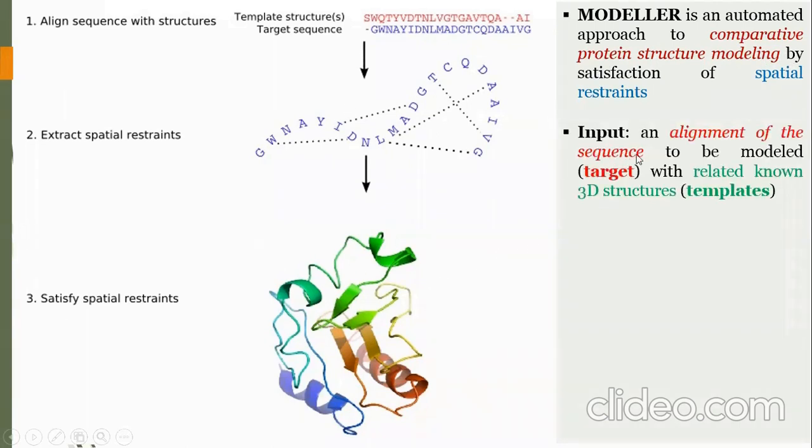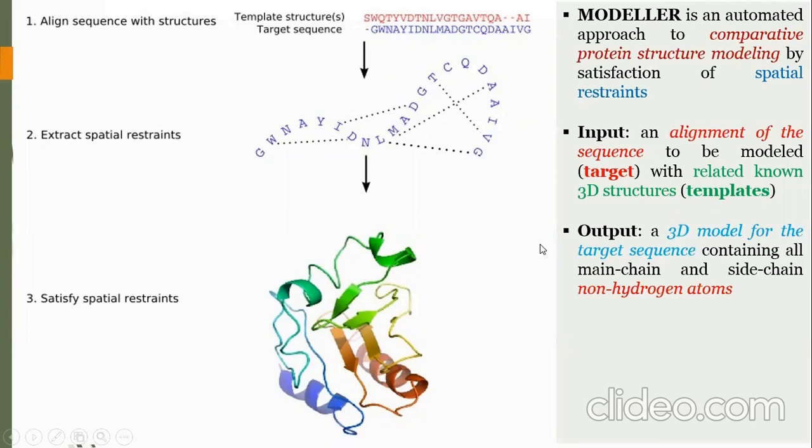And input हम क्या देंगे? An alignment of the sequence to be modeled. The sequence which we need to model is the target, and we align that sequence with a related 3D structure, the template. So the template is the structure according to which we want to model the sequence.